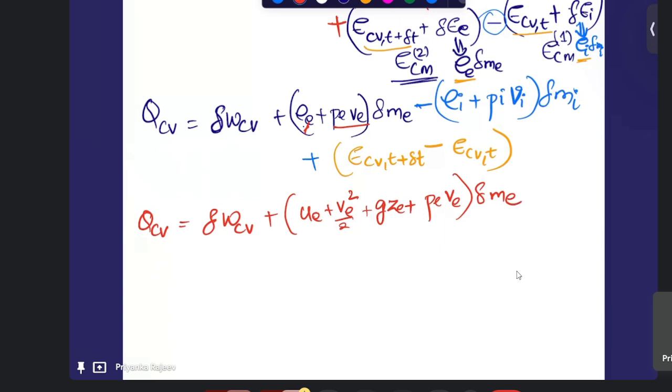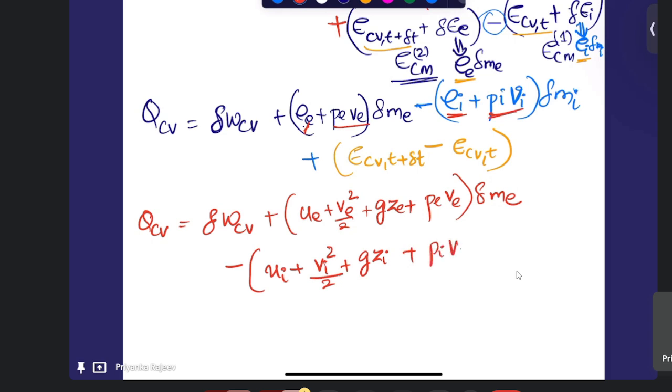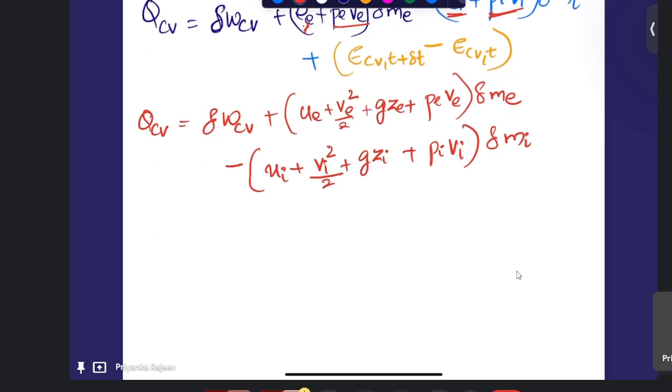Then minus small u I, UI plus VI square by 2 plus GZI, plus this term PI VI times delta MI, then plus ECV at T plus delta T minus ECV at T.